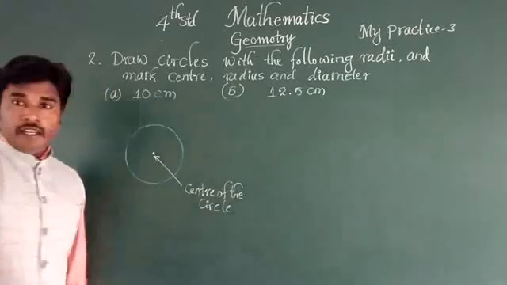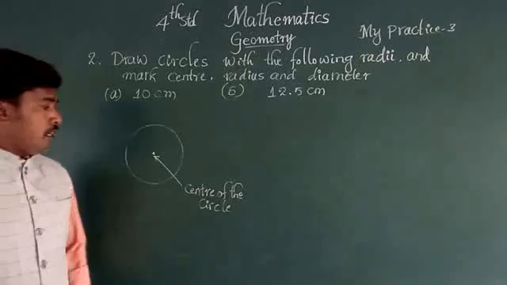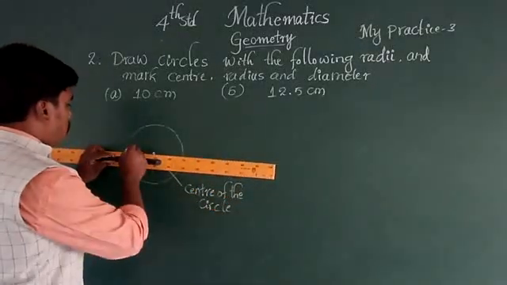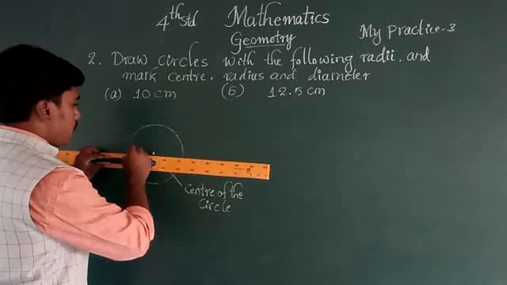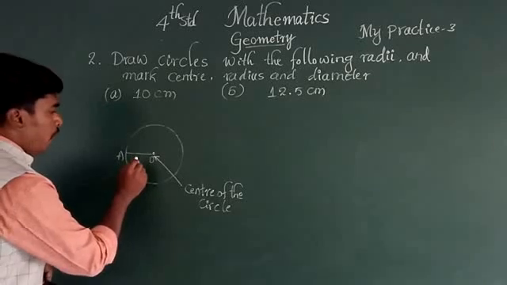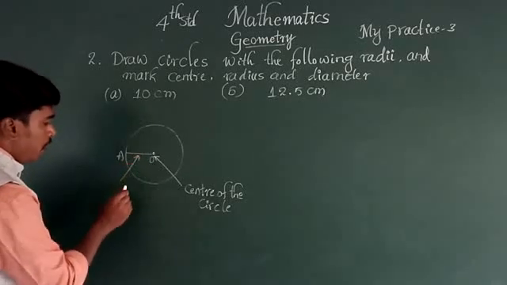If you join any point on the circle and the center of the circle, then it is called radius. Observe here, OA is the radius.